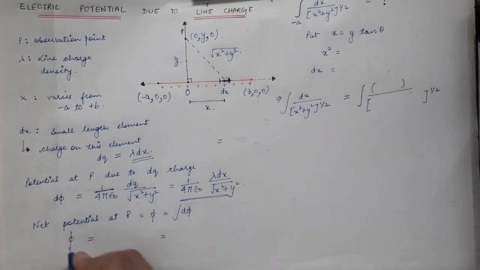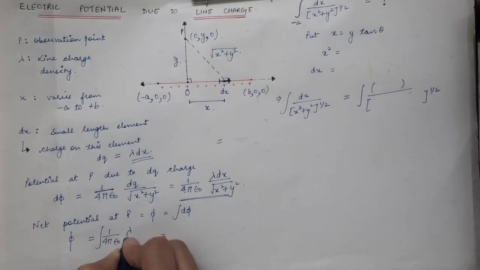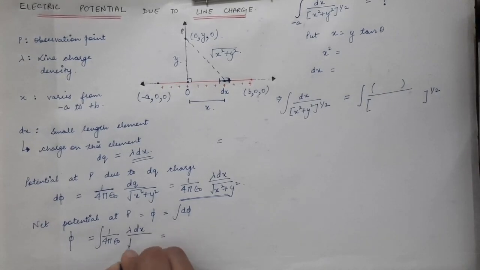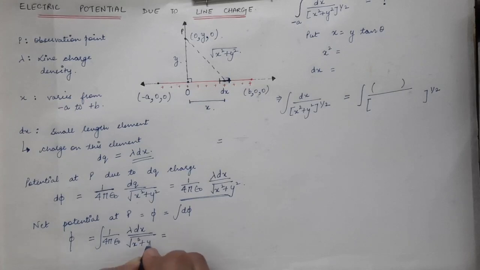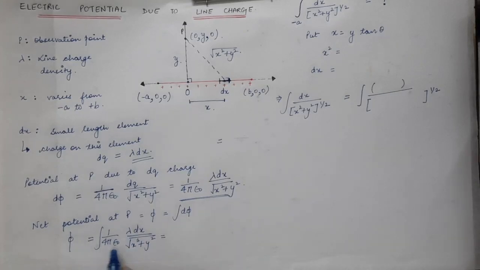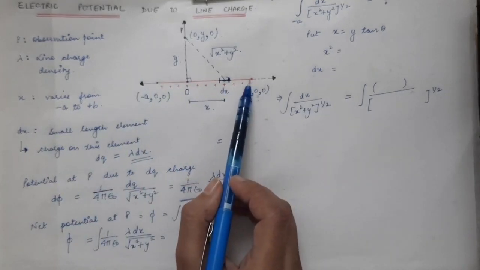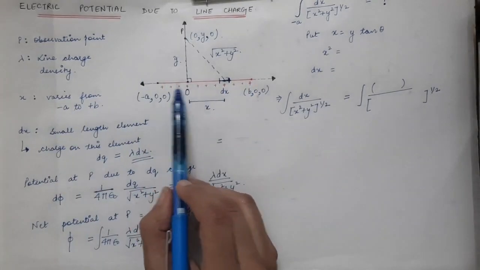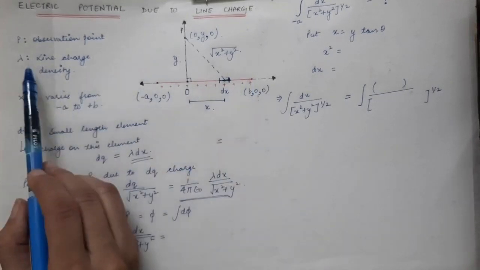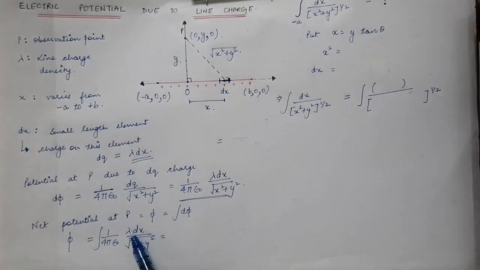So phi will be equal to the integration of 1 by 4 pi epsilon naught into lambda into dx divided by under root of x square plus y square. We have already said that this line charge is a uniform line charge, so the charges are distributed uniformly, which means lambda can be taken outside the integral.